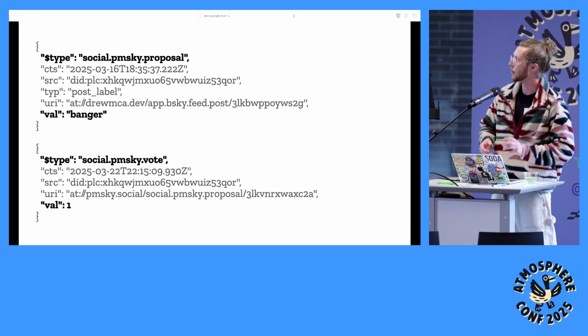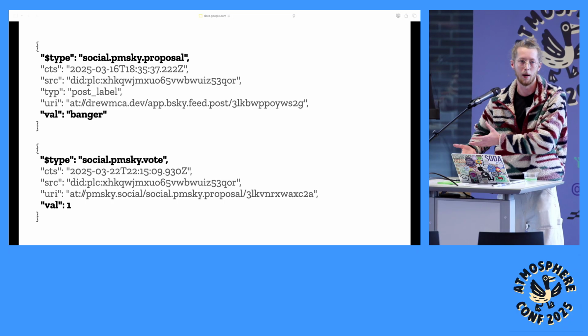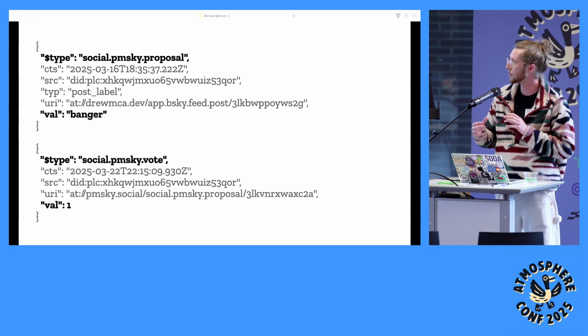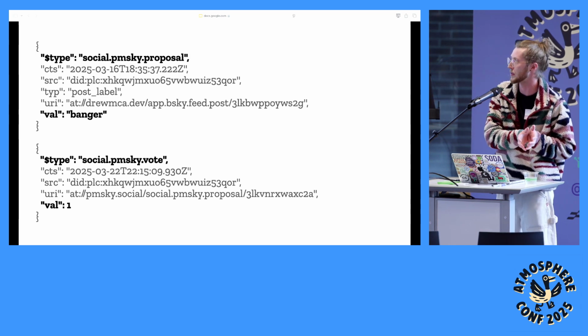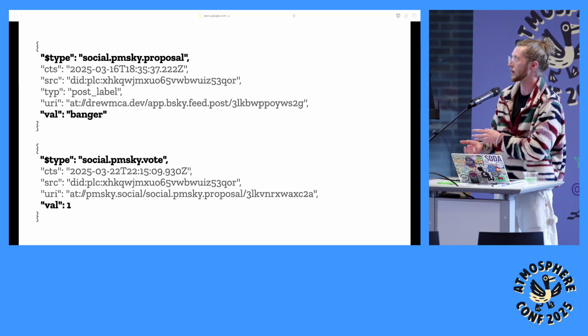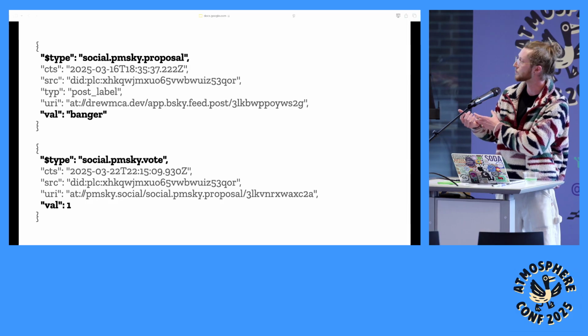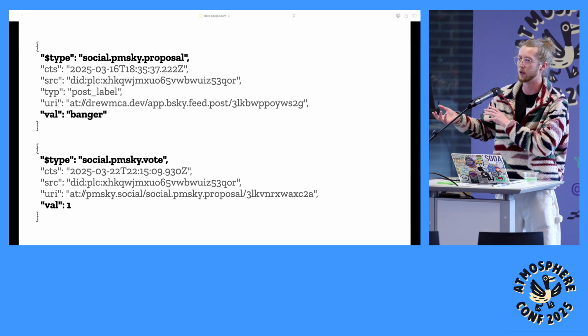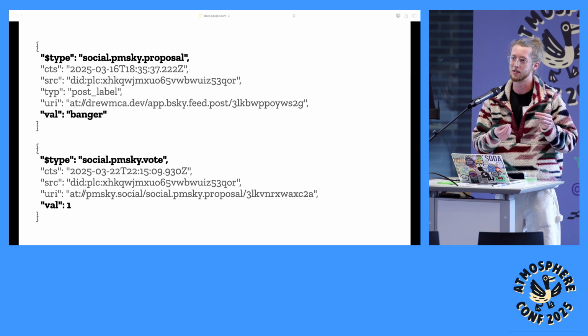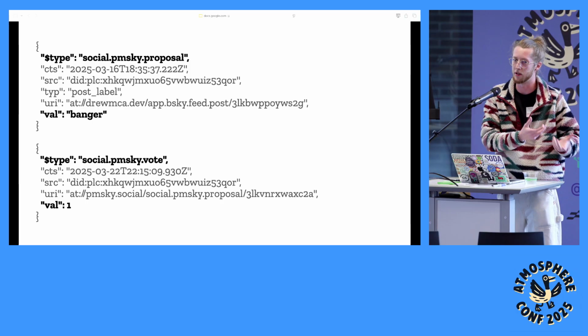Because these votes are ATproto records, they exist separately. They're on the PMsky platform, but you can write a labeler separately that uses this information and takes it into account when making that decision of, okay, is this a label that I should apply to this post?